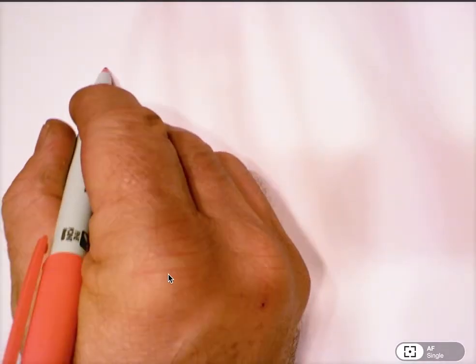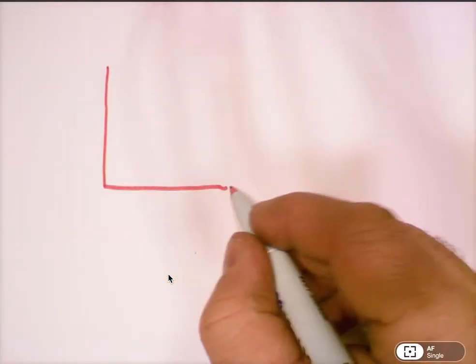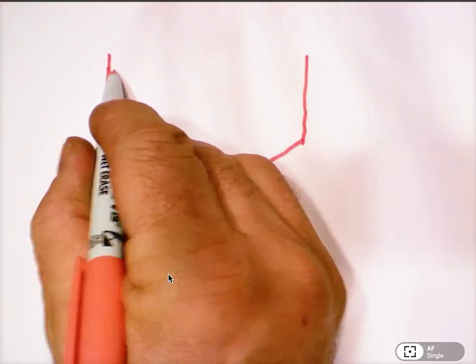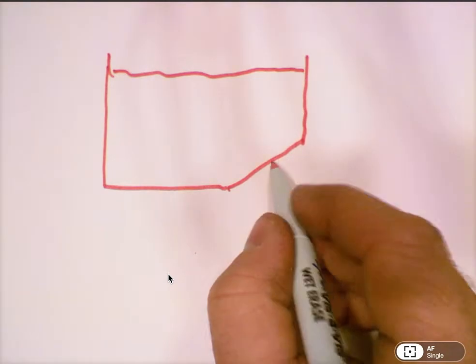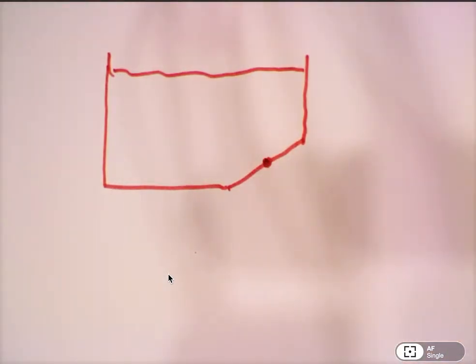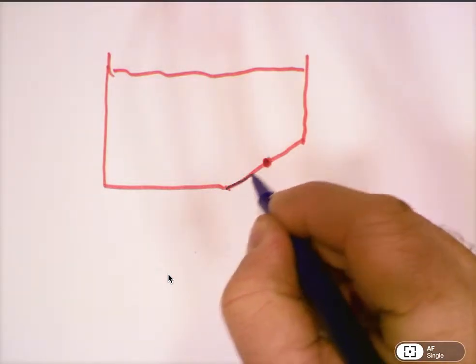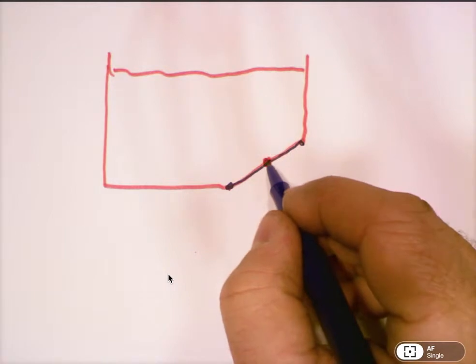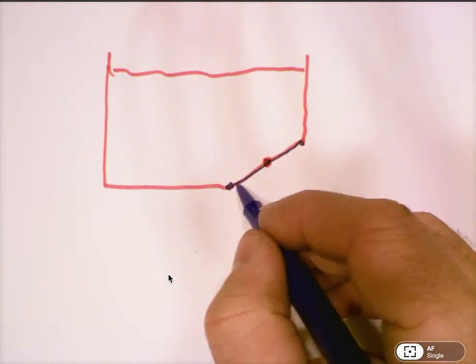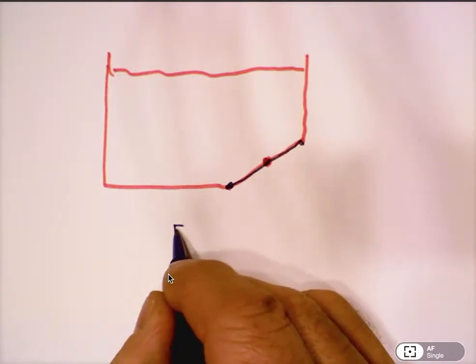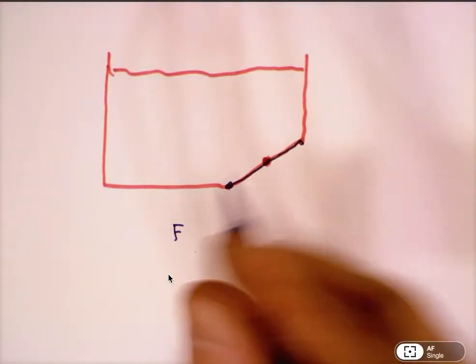So I'll draw it again. So we're going to find the force acting on this gate. And there are two things we need to know about that force. The first thing is the amount of the force. Well, actually, three things.